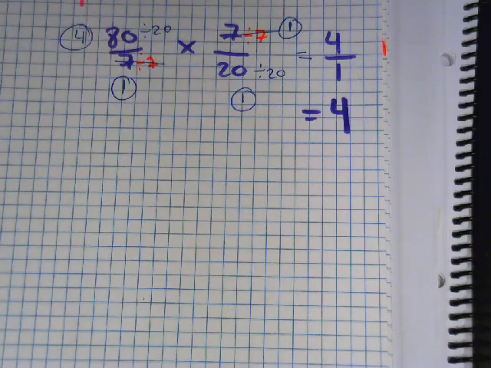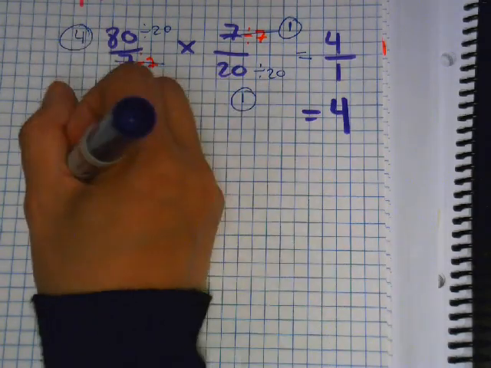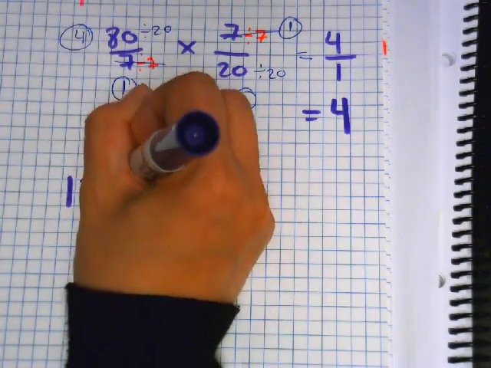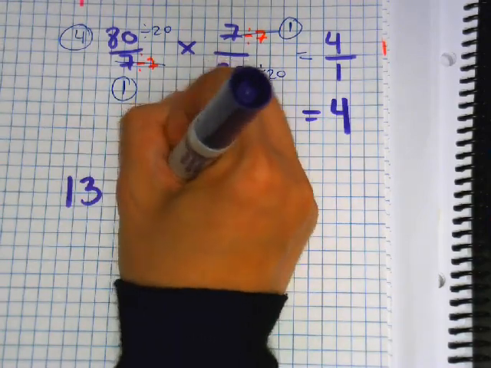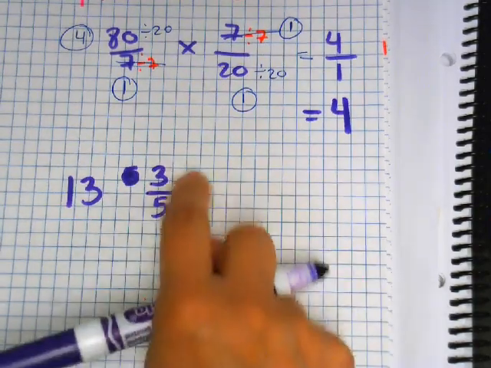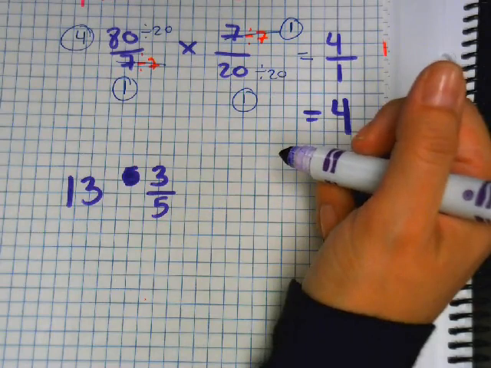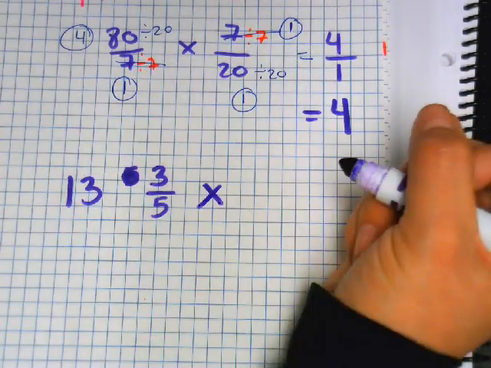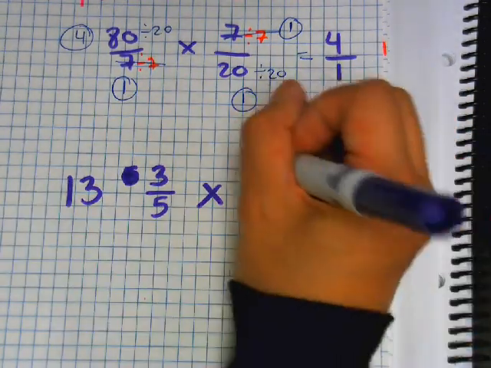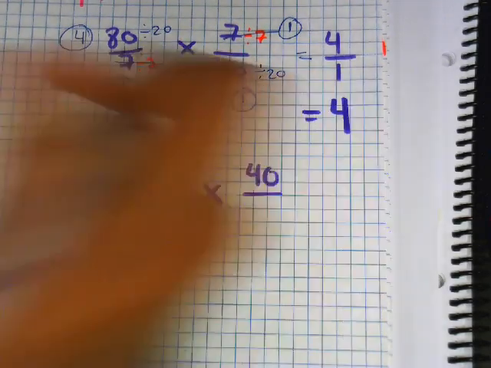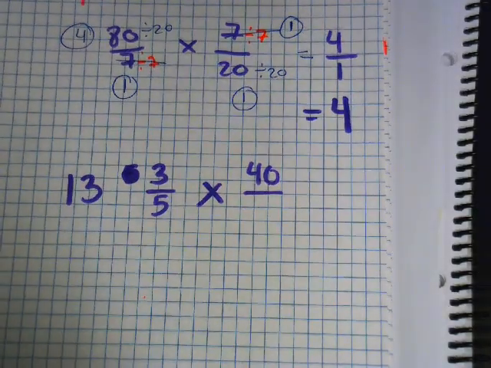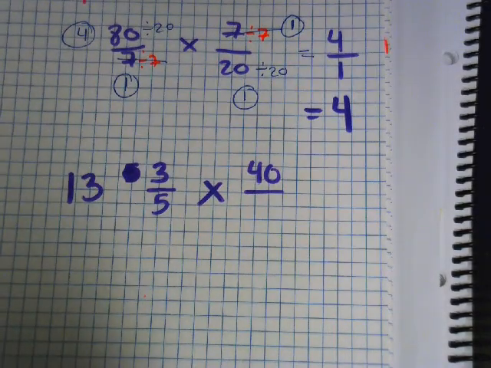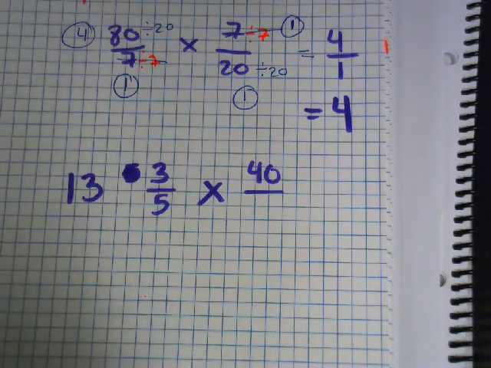Let's make it hard. 13 3/5 times 40 over, 15, 1, 65, 68.